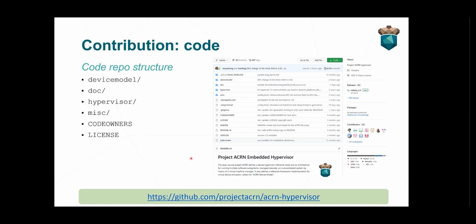The main repository on GitHub, you'll find that reference left and right here. We use it all the time. So github.com/projectacrn/acrn-hypervisor. If you go under the Project ACRN GitHub page, you'll notice a couple more repos that can be used. One is the ACRN kernel, because we have a set of kernel patches that are not upstream, and so we maintain a fork of the Linux kernel that includes those for you.